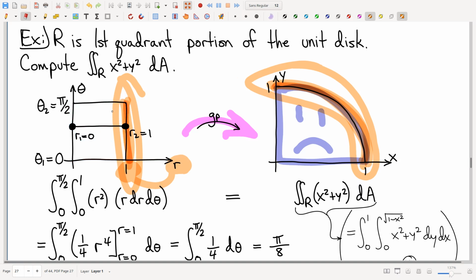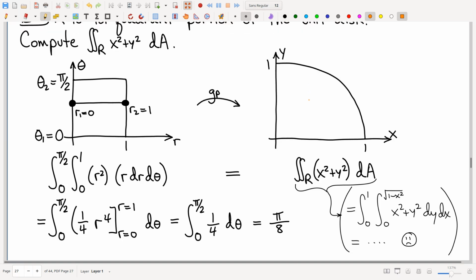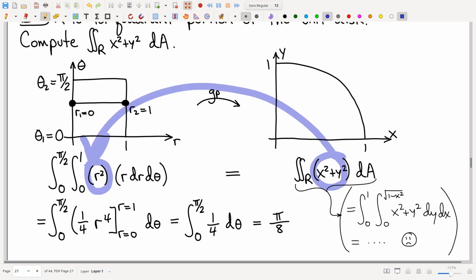So let's walk our way through what we've got now. We know we have a pullback domain. That's going to be the bounds for our new dr d theta integral. Easy bounds because it's a rectangle. And now there's really only two things left. Don't forget to plug in, right? x squared plus y squared in polar coordinates is r squared.